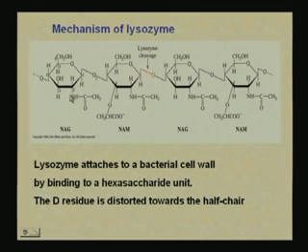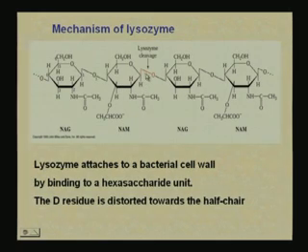We have our NAG. What is the R for the NAG? H. That is this H as we see here. What is NAM? When we have CH3CHCO minus. So that is NAM.